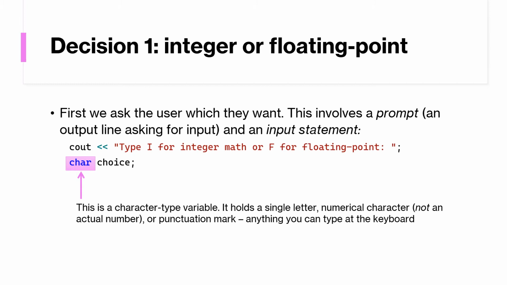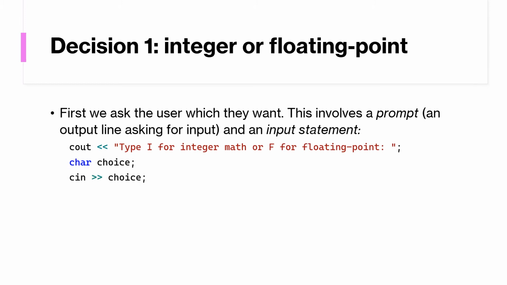So if I type 1, I get the character 1, not the numerical value 1, and that's an important distinction to make. It actually is a number, something like 42 or something like that, the number of the character in the ASCII representation system.